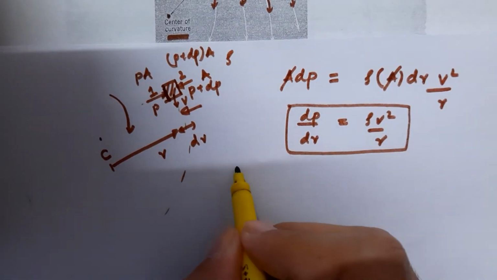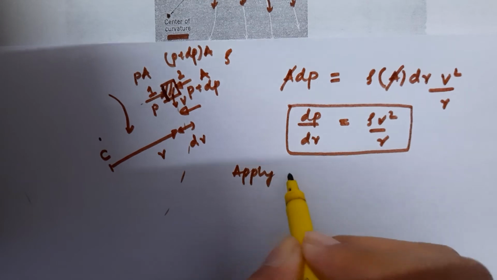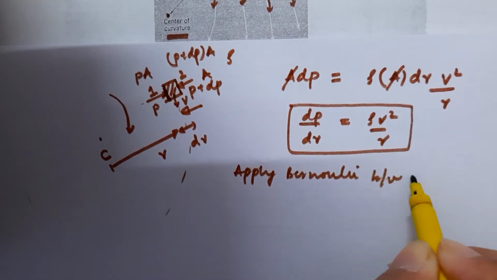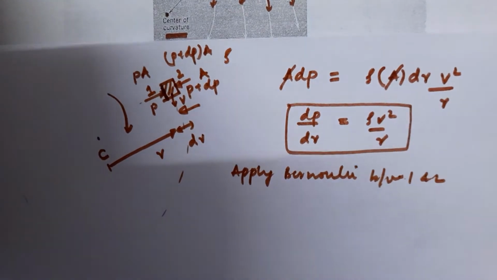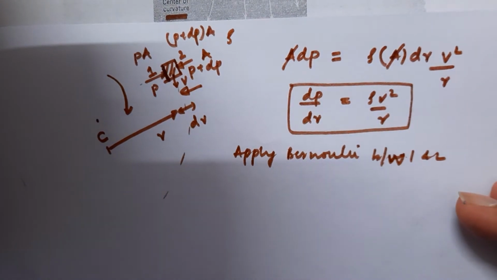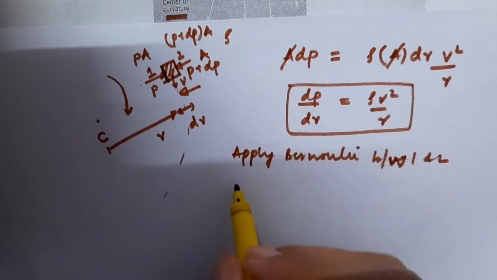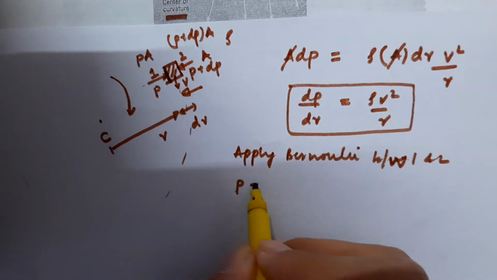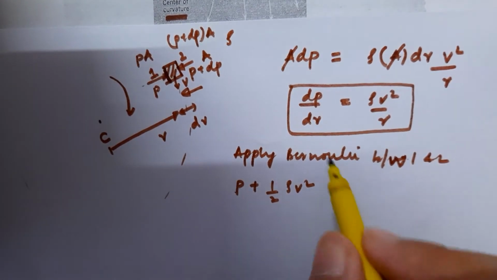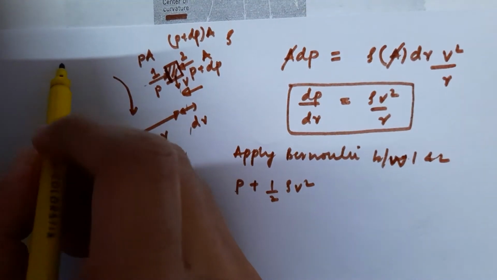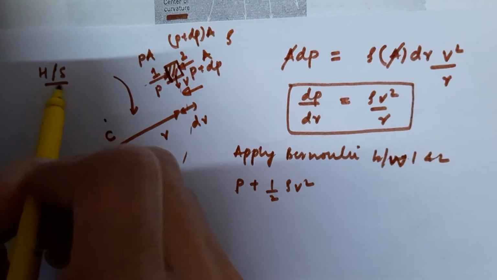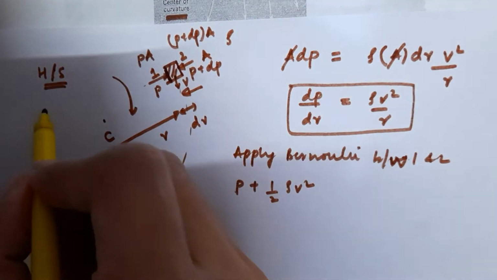Let us apply it between 1 and 2. On side 1 I get P plus half rho v square plus rho gh, because this is a plane, horizontal and smooth surface on which there is a steady flow.